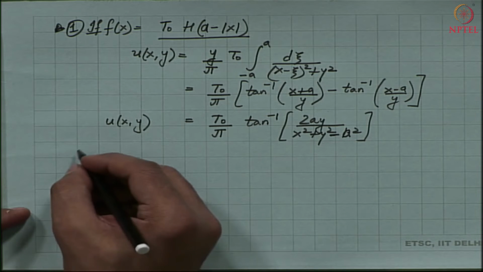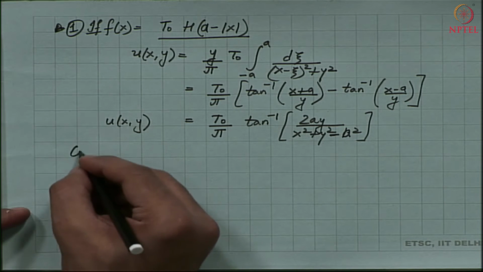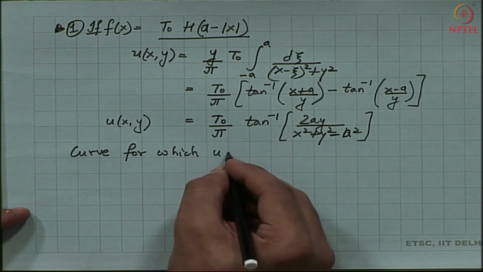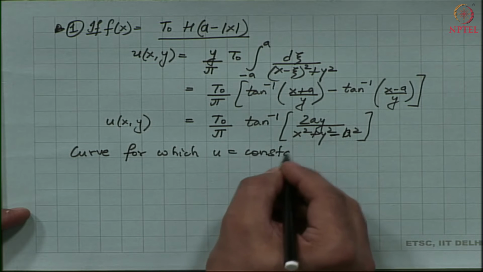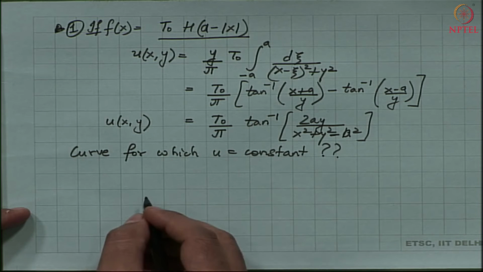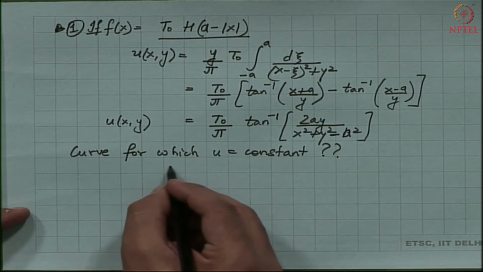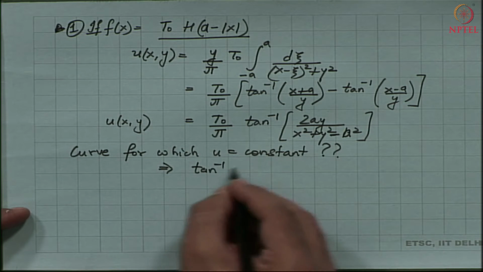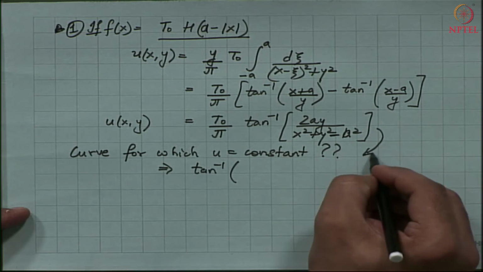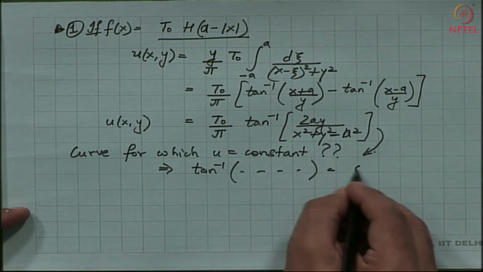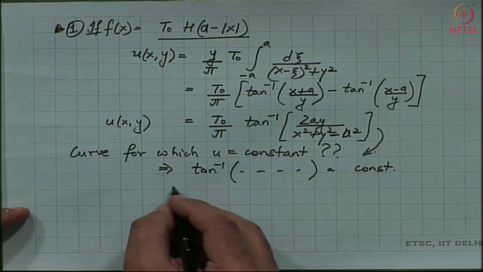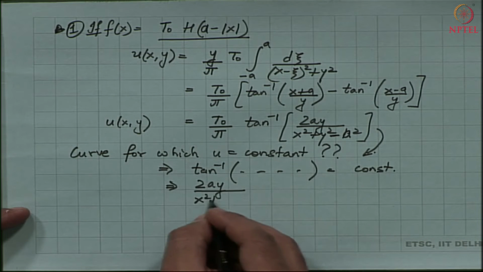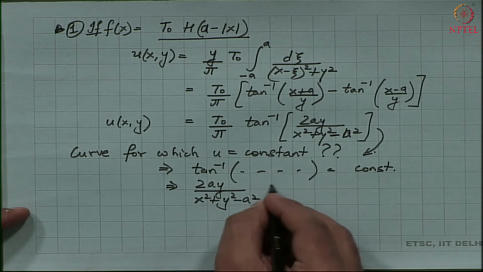Now, suppose I were to see the curves for which u is constant. Which are those curves? In this case I have tan inverse of this expression. So, tan inverse of something is a constant only if the argument inside, 2ya divided by x square plus y square minus a square, is another constant.